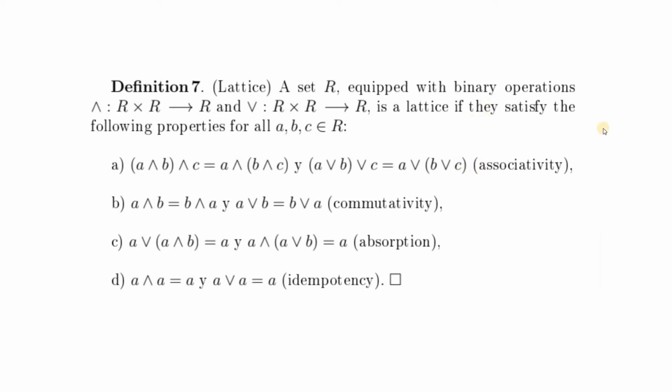An example of a lattice is classical propositional logic, where the AND operation is precisely the AND of propositional logic, and the OR operation is the OR of propositional logic, and the set is the set of propositions. You can easily convince yourself that these properties are satisfied in propositional logic.